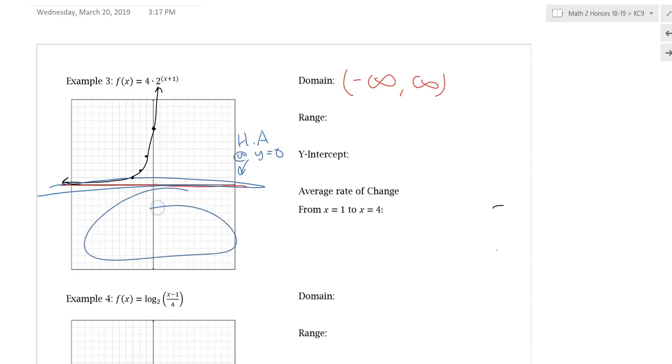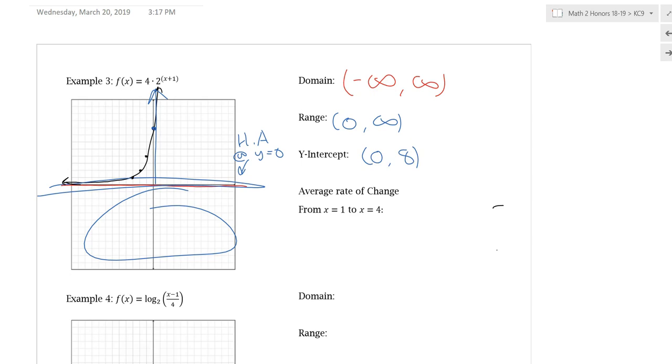There's nothing down here, so it's just going straight up from there. So this is from 0 to infinity. Our y-intercept this time is at 8. So that's (0, 8).